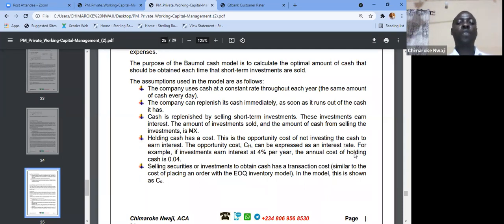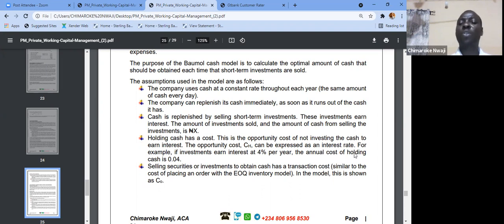Now, holding cash, similar to holding costs for inventory, has a cost. What is the cost of holding cash? It is the opportunity cost of not investing the cash, because you are supposed to invest it, but you choose to hold it for speculative reasons.